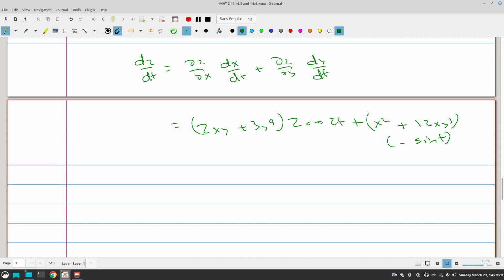Okay, now the second case of the chain rule, of course, is a different scenario.